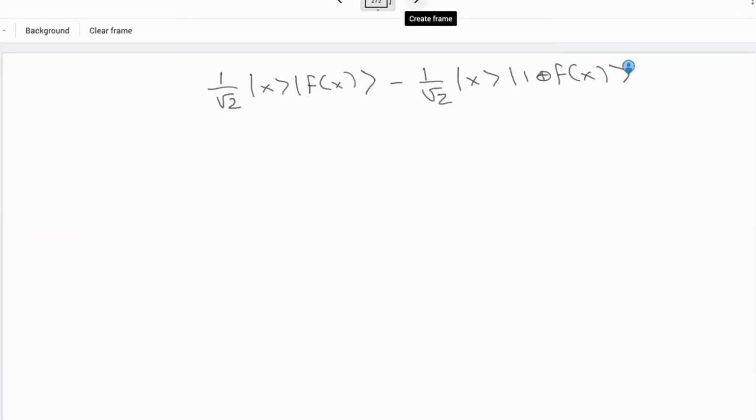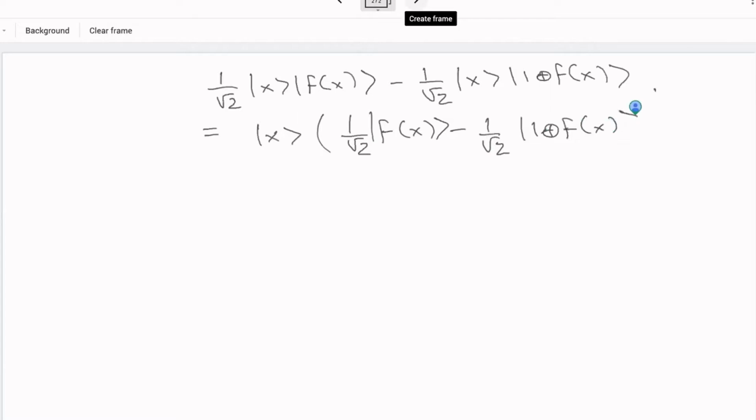I just copied what we had. The first qubit is always in the state x, so I can factor it out. So this would be x, and then 1 over square root of 2 f of x minus 1 over square root of 2, 1 plus f of x.